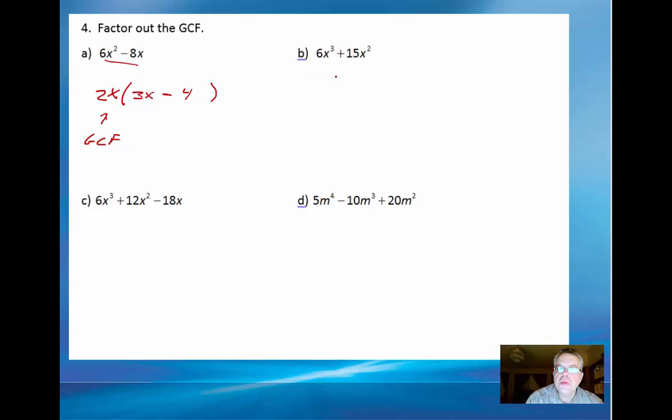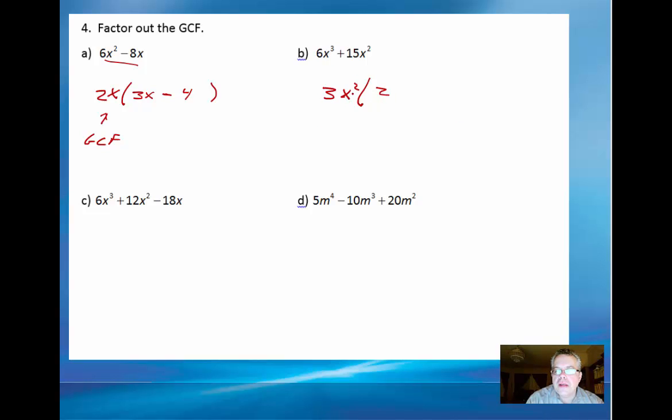Okay, so we'll go through these quickly. This one, the greatest common factor, 6 and 15. The largest number that goes into both is 3. This has 3 x's, this has 2, so it's 3x squared. Now we have to think 3x squared times what gives me this? Well, 3 times 2 is 6, so I need a 2 here.